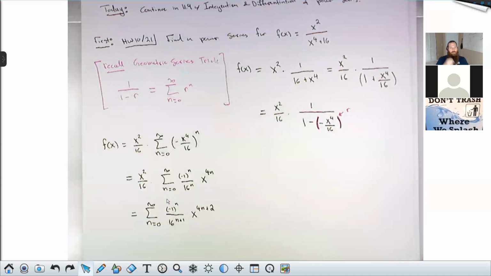So that is your final answer. This is how we use the geometric series trick to come up with a series for pretty much any rational function.